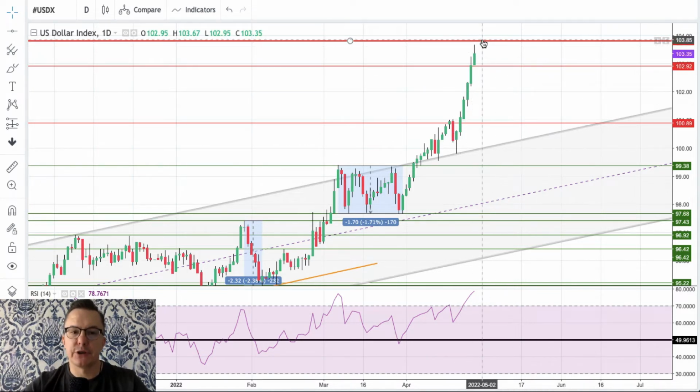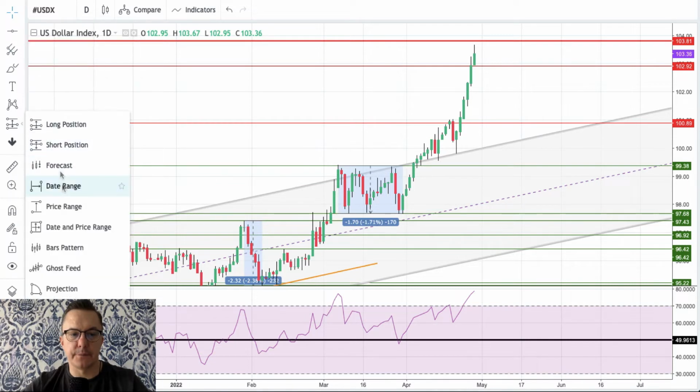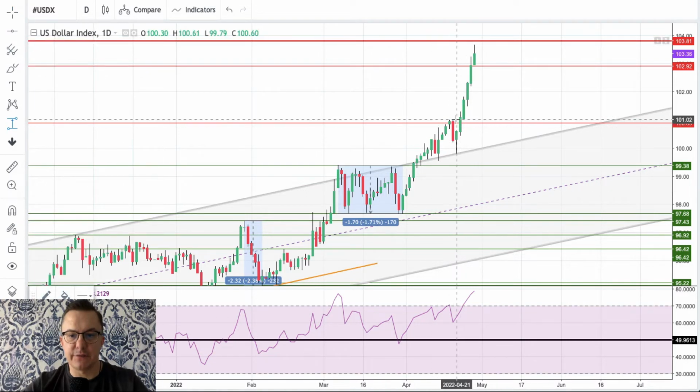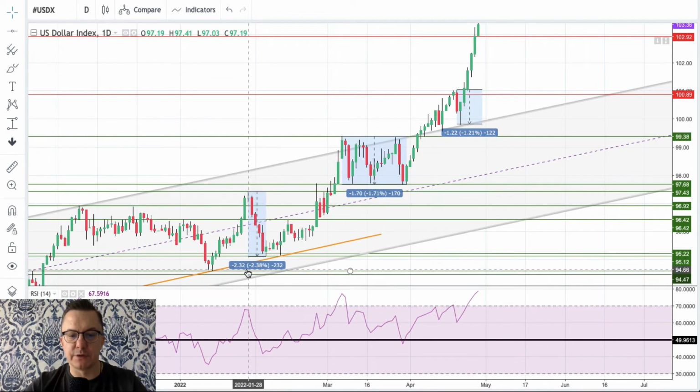So the bearish orders will get active and might push the price a little bit lower. 1.71 was the latest correction. Let's take a look at this correction here. I think it will be around 1%. Minus 1.21, minus 1.71, minus 2.38 was the corrective movement during the recent rally of the US dollar.